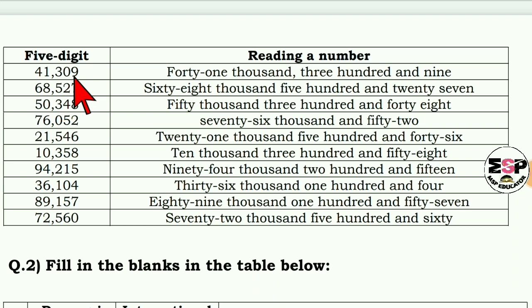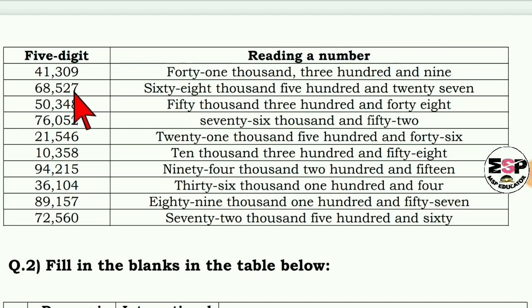Okay. So you are going to read the 10,000 and 1,000 places together. So it will be 41,309. Understood everyone? Like this only you are going to read the next numbers.